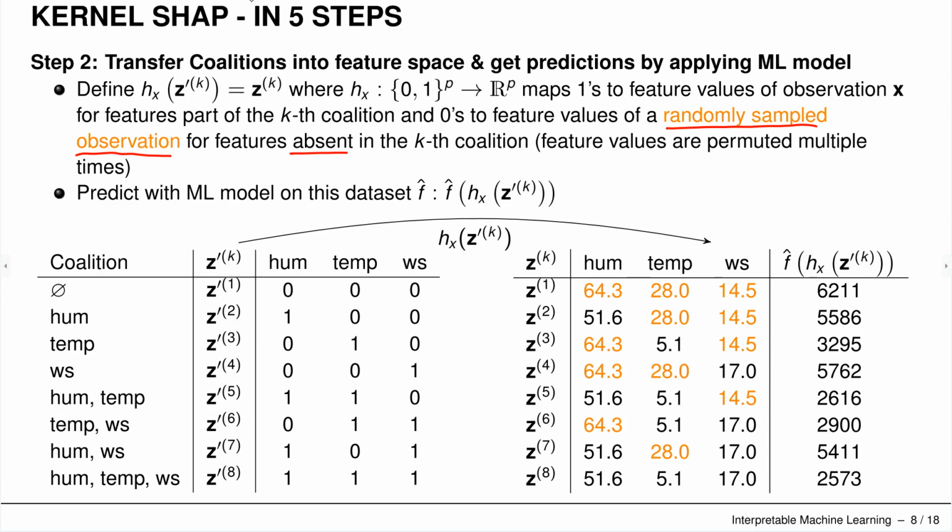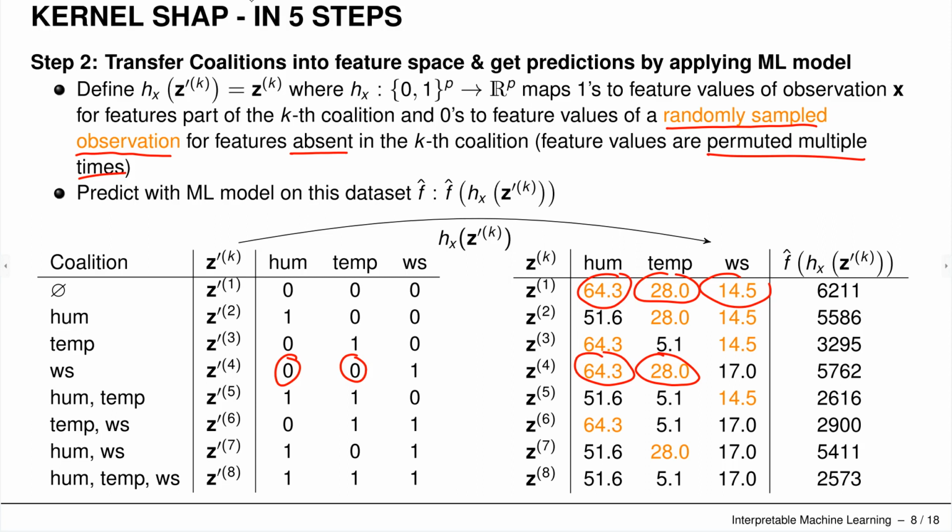So for this, we take a random observation, which has this value for humidity, this one for temperature, and this for wind speed. And in the empty coalition, we replace all 3. And in all other cases, we always replace the ones where we have a 0 in the Z matrix by that other random observation. And we can do that multiple times.